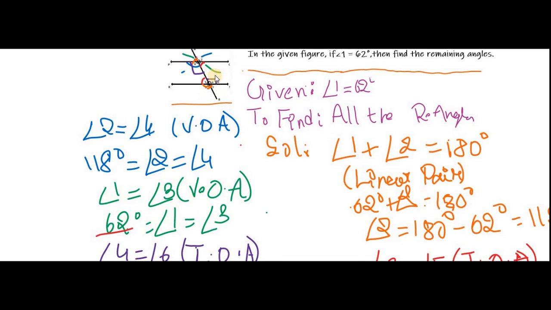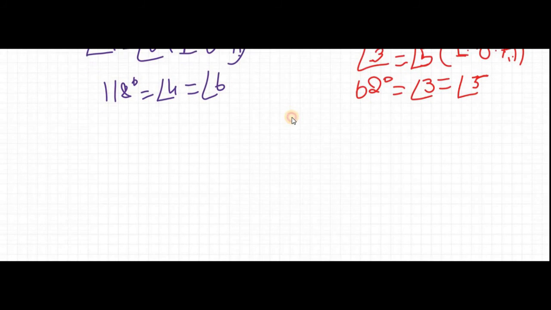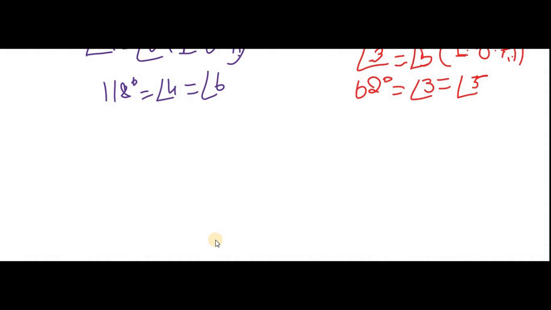So we can find them: angle 6 is vertically opposite to angle 8 and angle 5 is also vertically opposite to angle 7. So we can find this in this way. There are pretty many ways to do the same problem, but let's do it in a very simple way so that we'll remember it for more time.